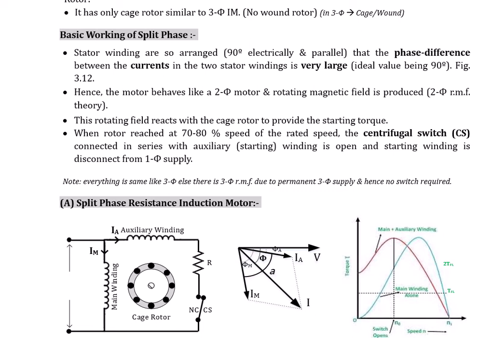This rotating field reacts with the cage rotor to provide the starting torque. When the rotor reaches 70 to 80% of the rated speed, the centrifugal switch CS in series with the auxiliary winding opens, and the starting winding is disconnected from the supply. This is how it works.